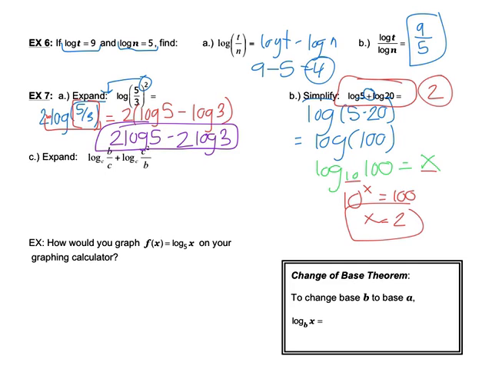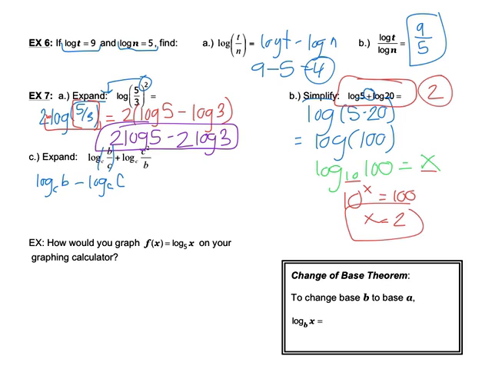Okay, in this last example, we have no actual numbers in here, but we are told to expand this out. So first we can start by using the subtraction because we've got that first log with a division symbol in there. So that would be the same as log base c of b minus log base c of c.